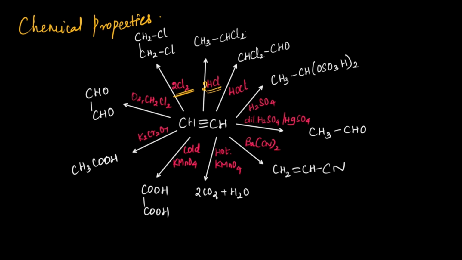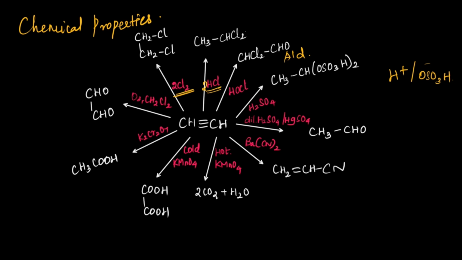And HOCl, once again 2 moles of HOCl, will give you CHCl2, CHO, an aldehyde is forming. H2SO4, I told you that separates as H plus and OSO3H minus, so that will get added.